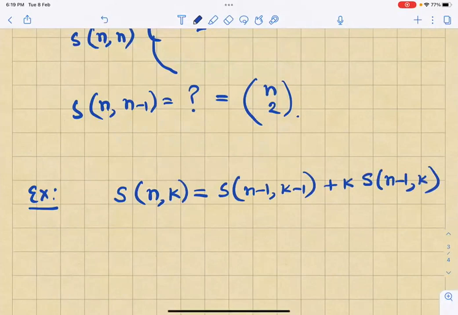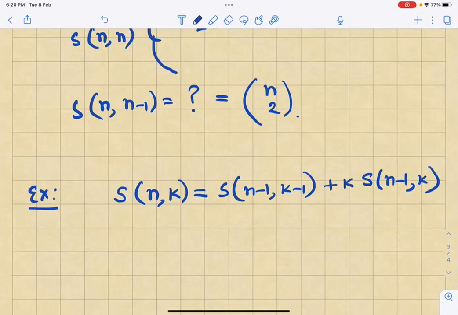This is called a recurrence relation. We have not introduced recurrence relations formally, but maybe you already have an idea. It means solving the problem for (n,k) with the help of solving the problem for lower values, here n-1 and k-1.